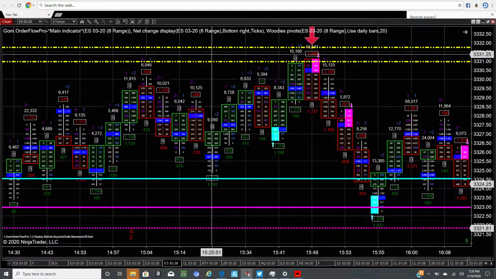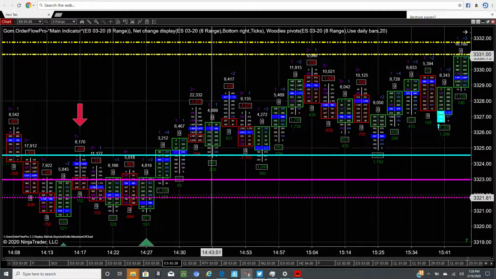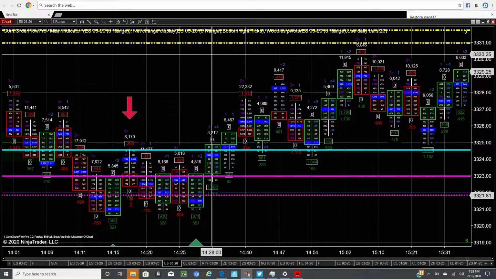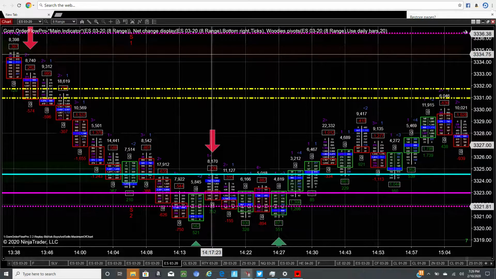But what I really want to touch on here is to use these yellow zones, use these pressure zones, and use these pivots to only take signals off the hybrid or the divergence when they're at that point. Okay, it's going to make your life a lot simpler. You're not going to be crying because you missed a trade. You're just going to be selective, selective, selective. And it's going to pay dividends for you.